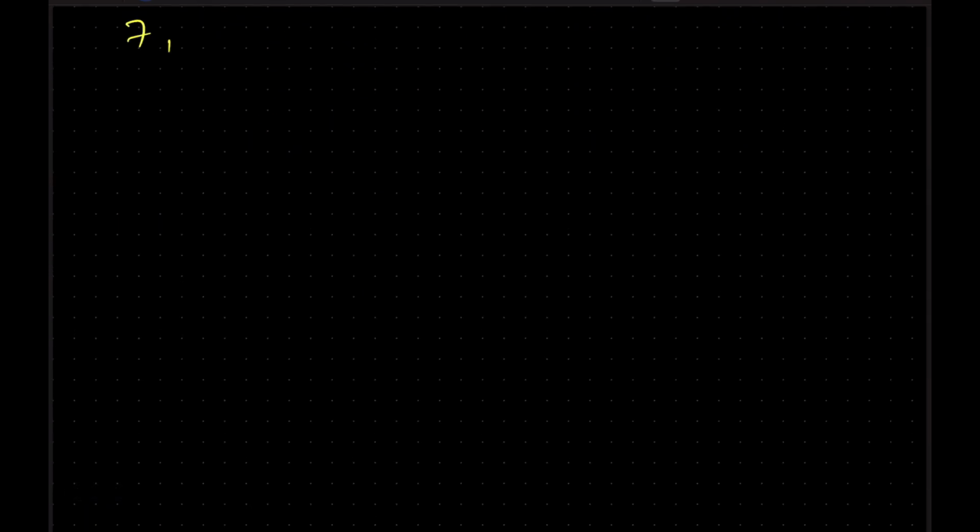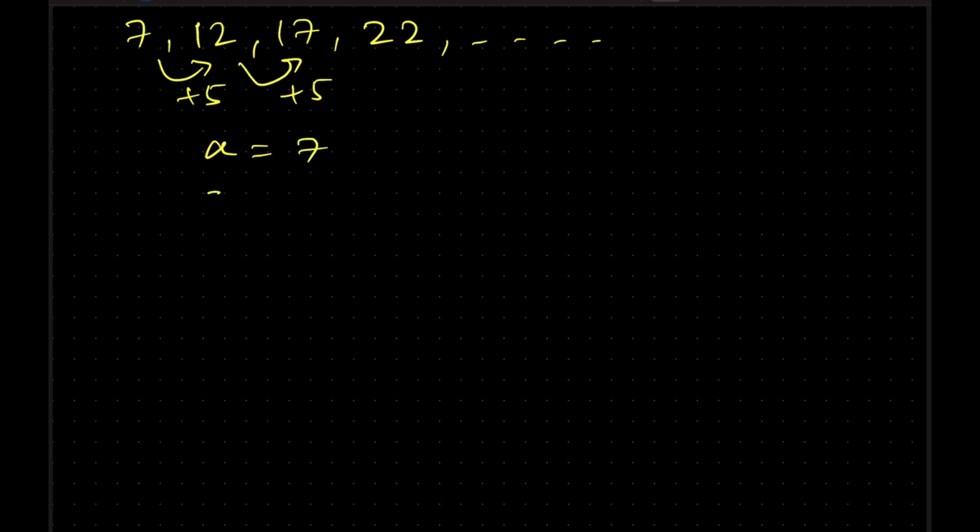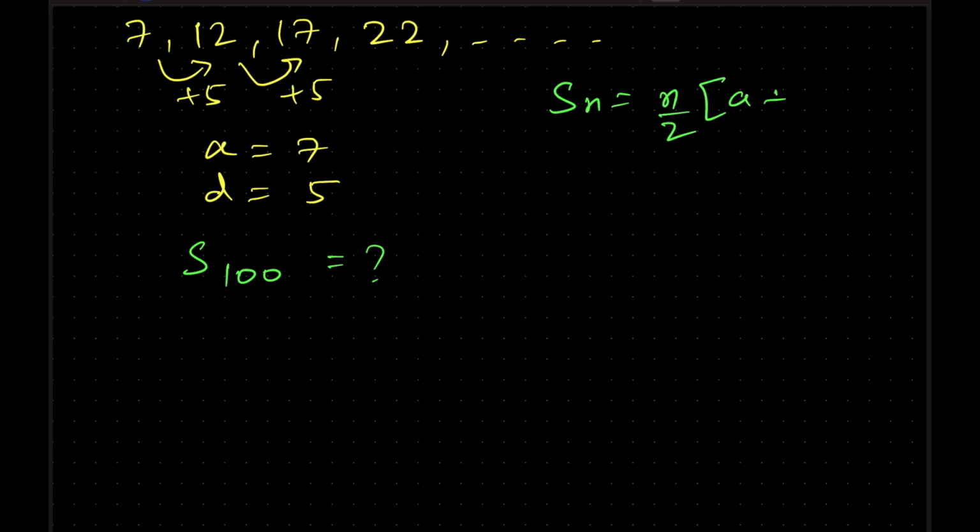So let's see one question. Suppose the AP is 7, 12, 17, 22 and so on. You can see it is increasing by 5. So here the first term is 7 and the common difference is 5. You have to find the sum till the 100th term. You know the formula for the sum of all the terms of an AP is n by 2 times (2A plus (n minus 1)D).